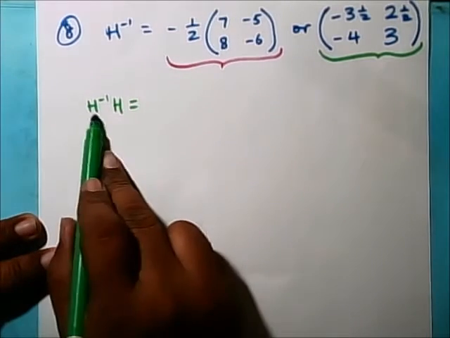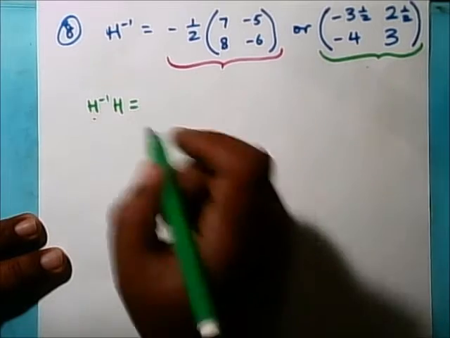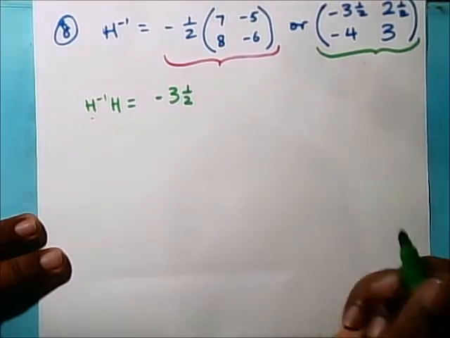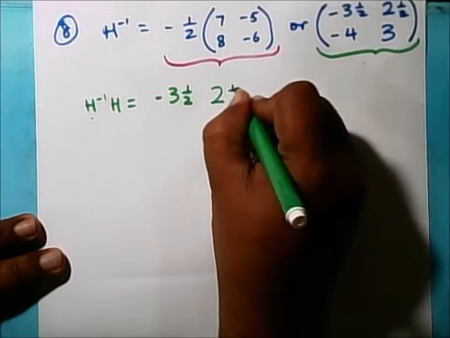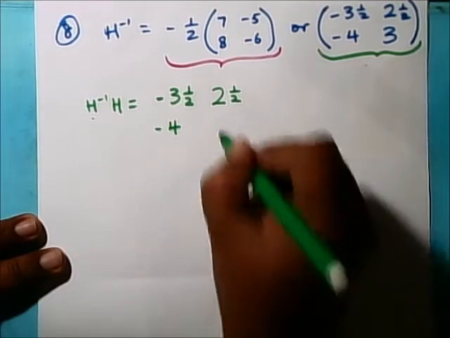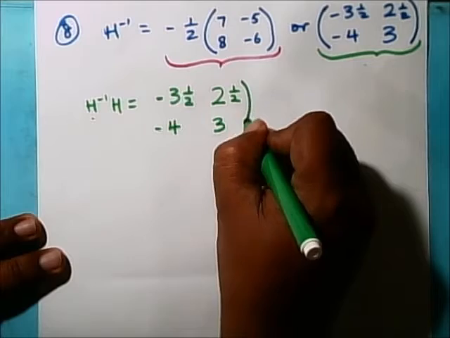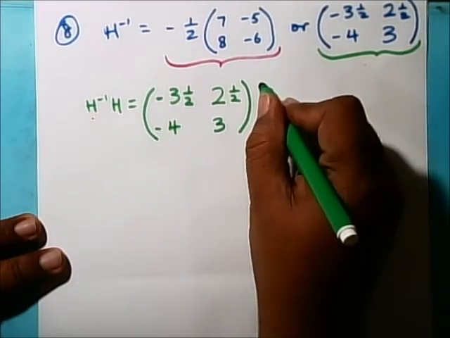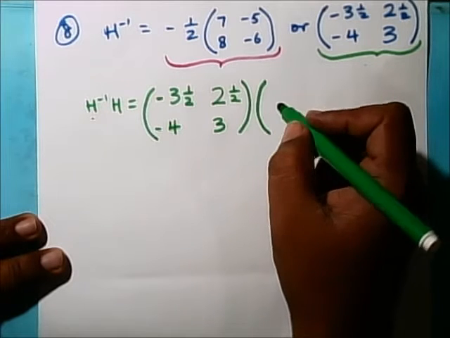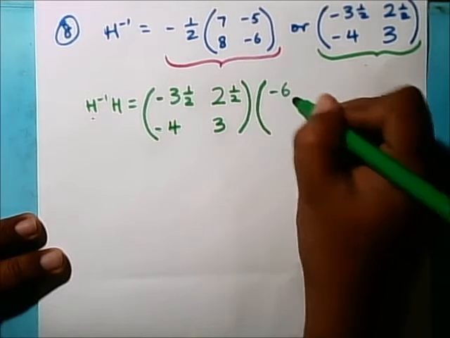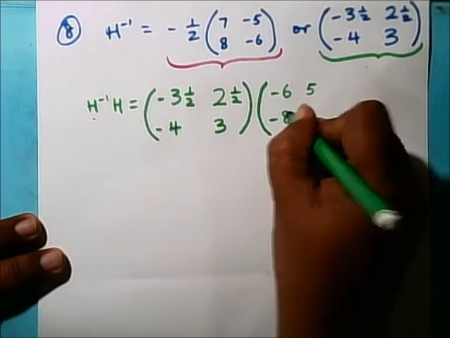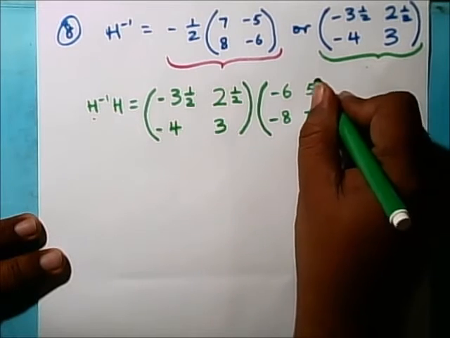The H inverse we're going to use is [minus 3.5, 2.5; minus 4, 3], being multiplied to H. And if you remember from the last time, H was [minus 6, 5; minus 8, 7].